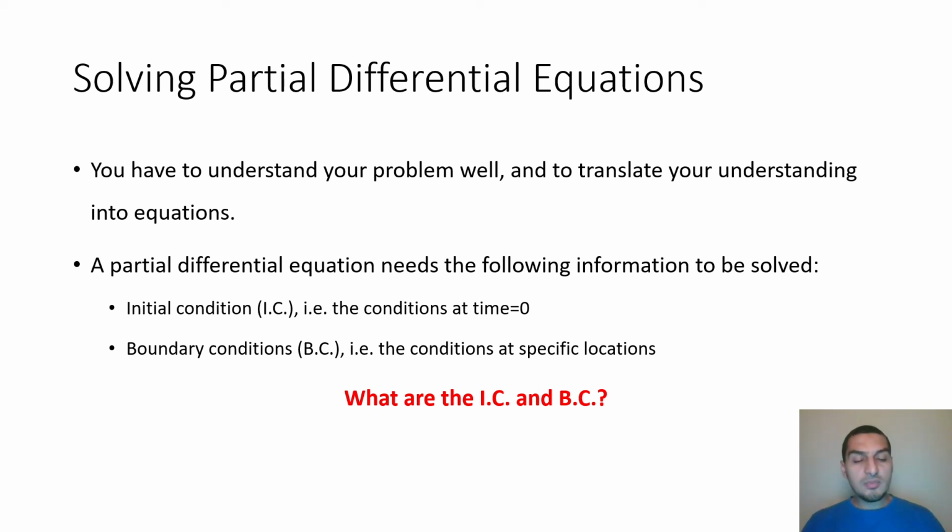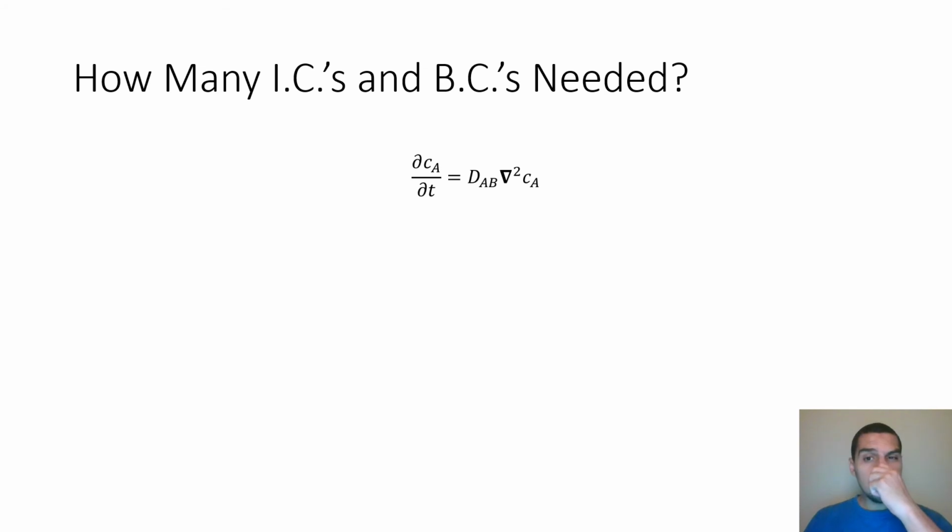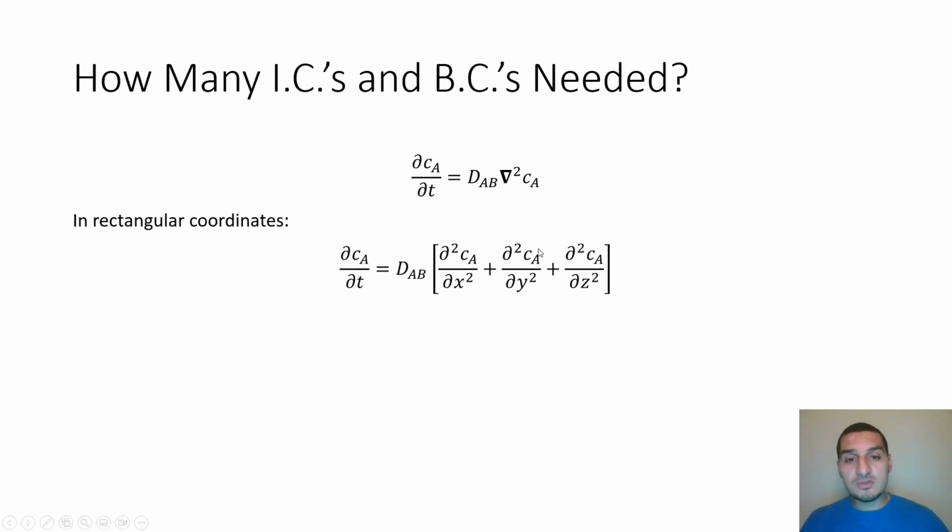If we apply this to the continuity equation, I'll take a simple form of the continuity equation, which is Fick's second law, and I can expand this by expanding the del square term, and it's going to be like this. If I want to know how many initial and boundary conditions I need, based on the discussion we have just gone through, I have a first order differential with respect to time, so I need one initial condition.